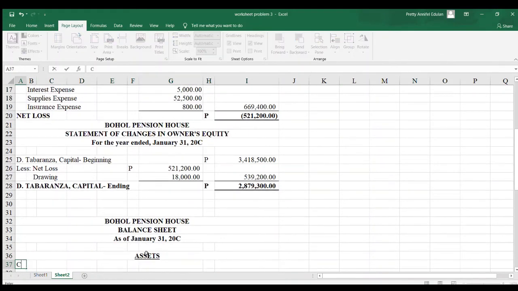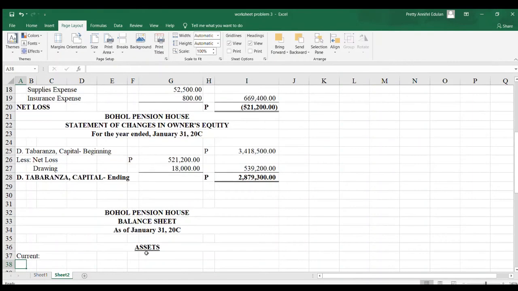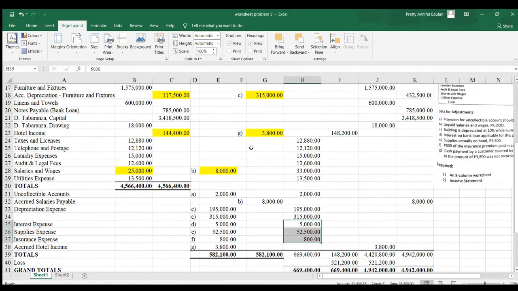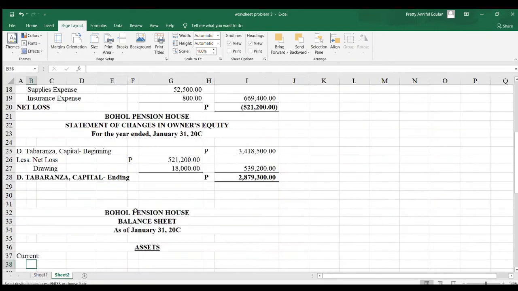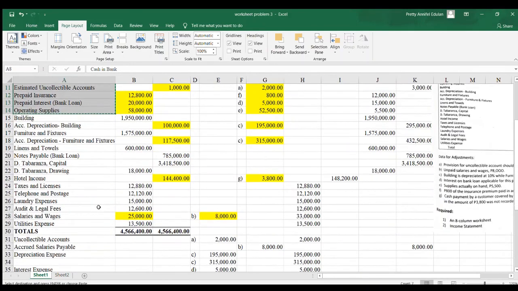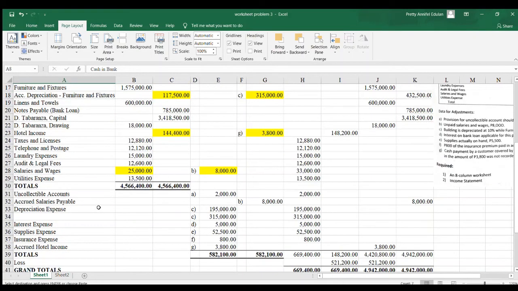So you must identify which are the current. This is the tricky part. Why? Because when you look at the worksheet, you also look at the lower part. So current assets are this one plus, we also have this other one, accrued hotel income.